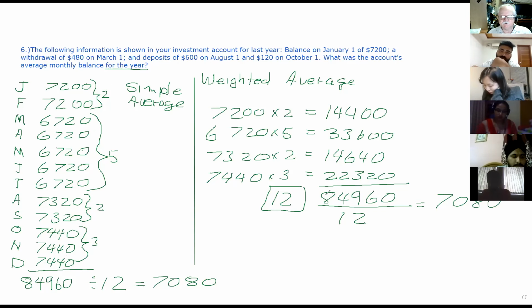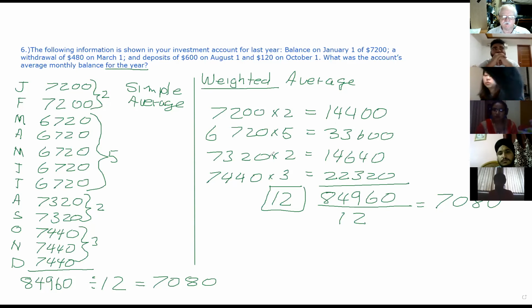And so mathematicians came up with this concept of a weighted average, where they grouped these things together just to reduce the amount of work and to reduce the chance of making a mistake. So that's why you get this thing called a weighted average.